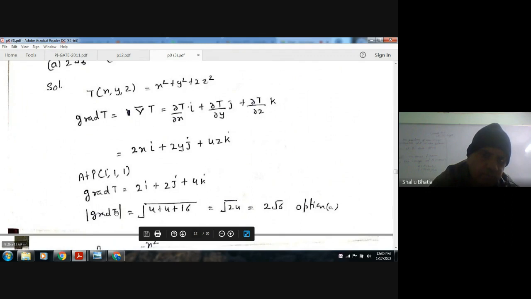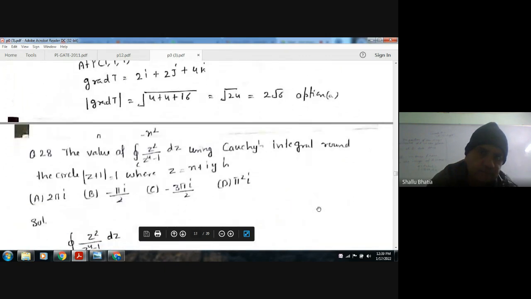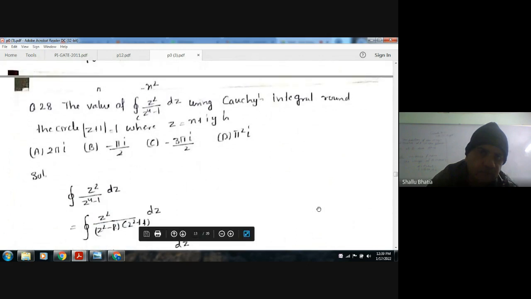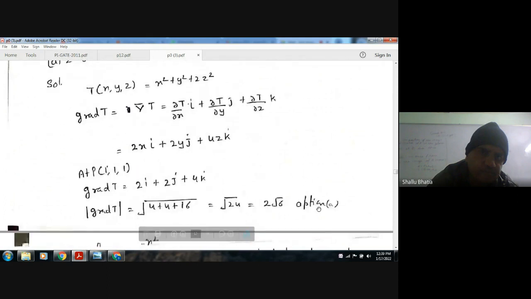So the magnitude of gradient T is root of 2 square plus 2 square plus 4 square, which is root 24, so it will be 2 root 6. So option A is the right one.